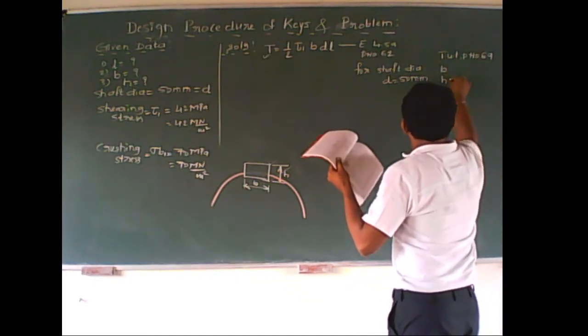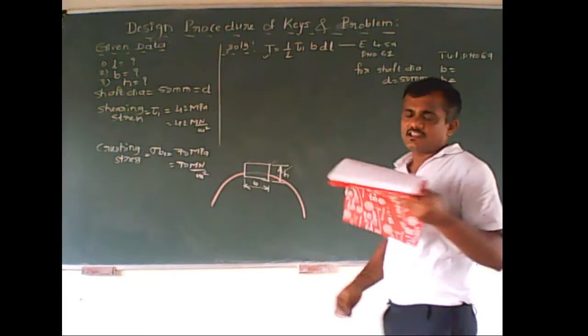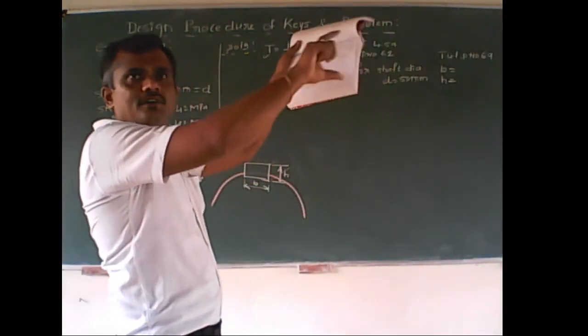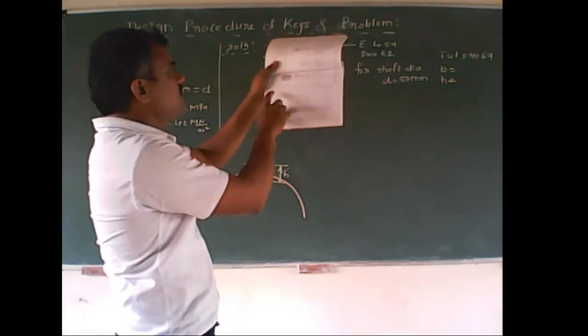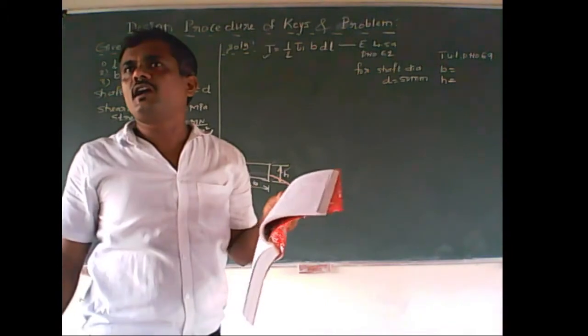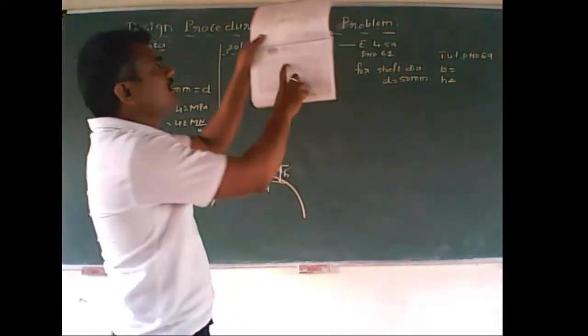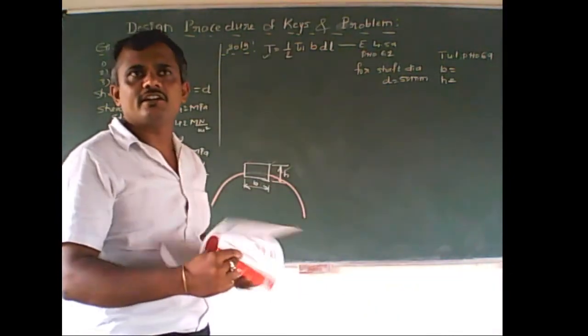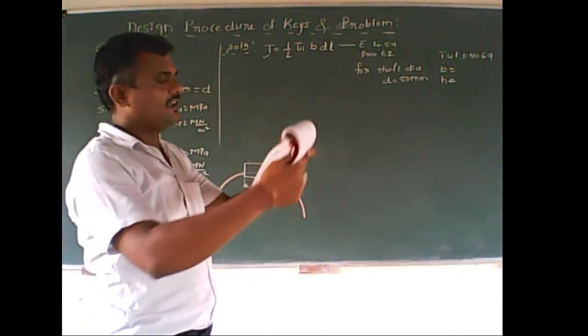B and H values are given for a shaft of diameter. See, in the landscape view you can check for shaft diameters above and up to. We can take it as the 50 to 58 range. What is the value of B and H we can take?